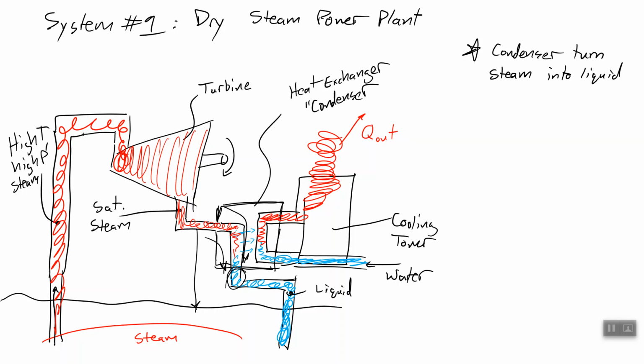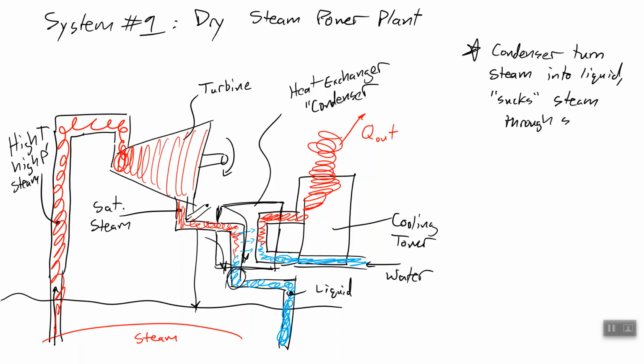If we just allow this to exhaust to the atmosphere or into the ground, then our back pressure, or the pressure on the other end of our turbine, would be much higher than if we allow the steam to condense, which draws more steam through the turbine and increases the amount of power we get out of our system. So the condenser turns steam into liquid, which sucks steam through the system.